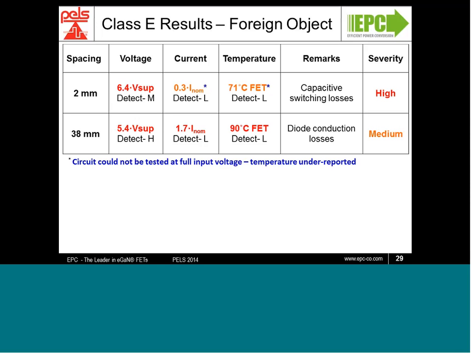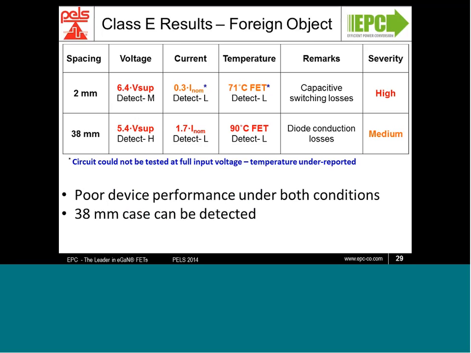However, for the 2 millimeter spacing, severity is high, as it is very difficult to detect accurately. So we have a poor device performance under both conditions, but this 38 millimeter case can be detected.